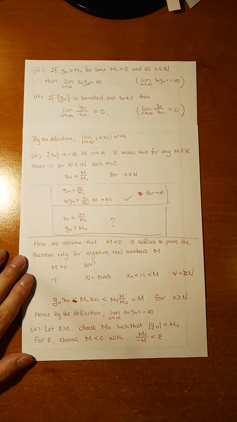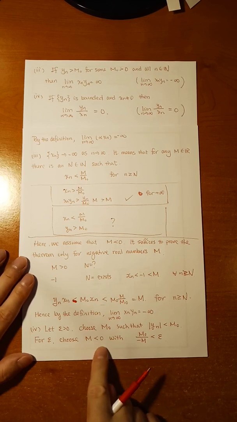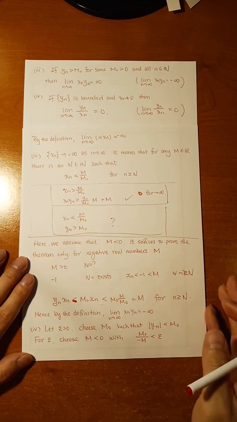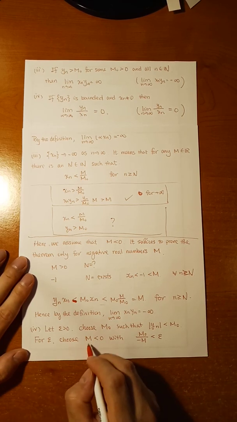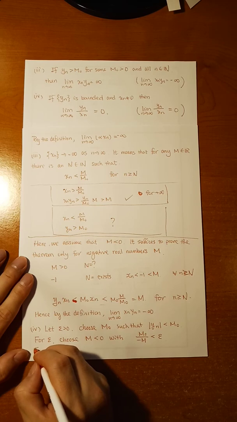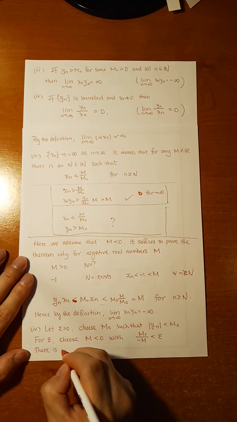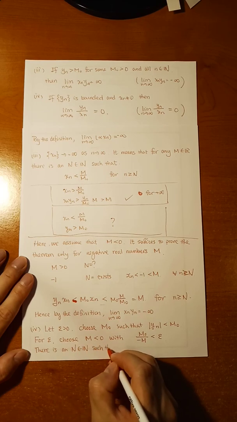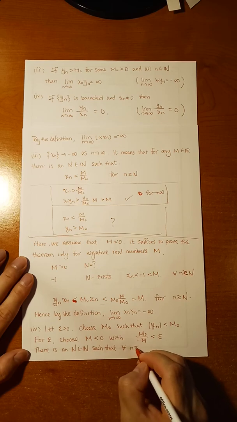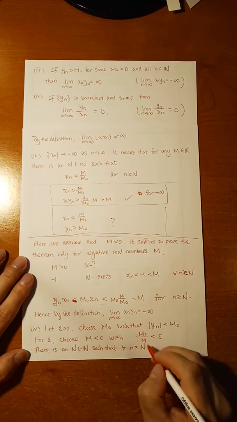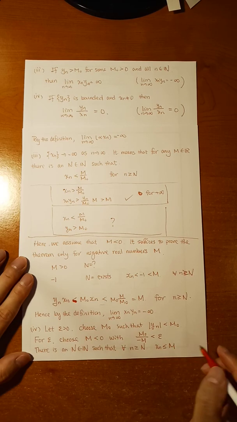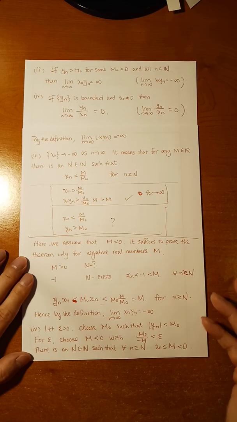We choose a negative number so that m0 over negative m is a positive number, so that the ratio is less than epsilon. Then for this selected m, there is a capital N in N such that for all n greater than or equal to capital N, xn is less than or equal to m. Remember, it's negative.